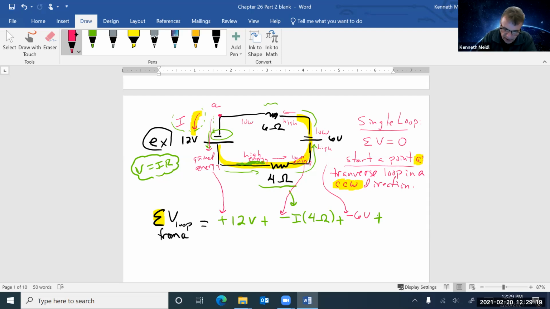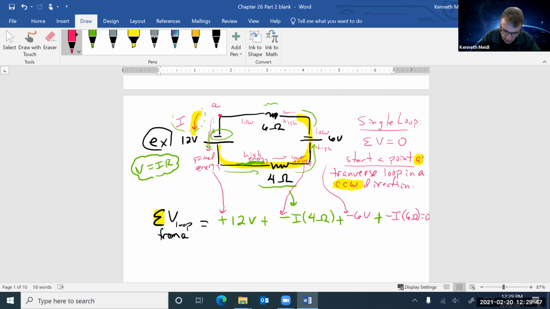So that's the low energy side. So I'm going from high to low, so I'm losing energy. And so I've got my current, whatever that is, going across a 6 ohm resistor, so V equals IR. That's the way these voltages really add up here, and so they have to add up to 0.